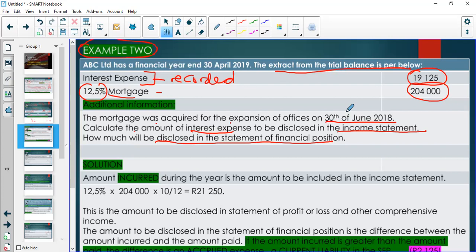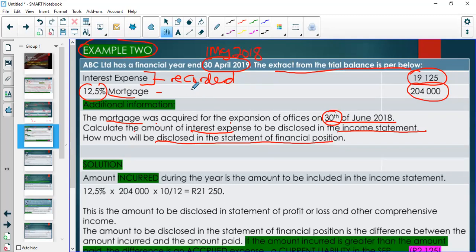Right. So we need to know for how long we have utilized this mortgage. It was acquired on the 30th of June. So our first job is to determine the financial year cycle. So the year ends 30 April 2019. So it started the following day, which is 1 May, last year, 2018. All right.